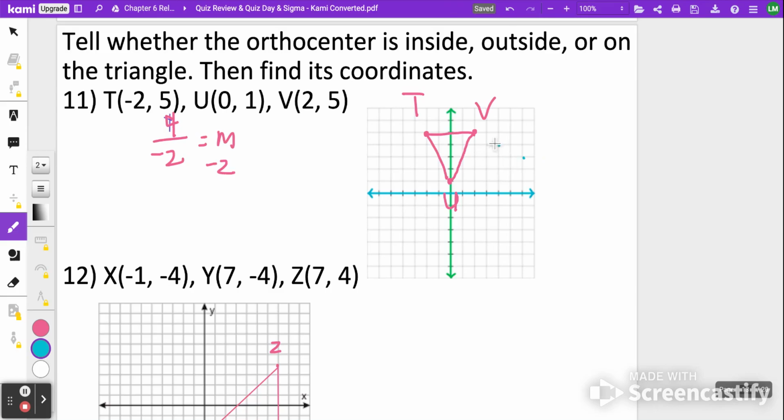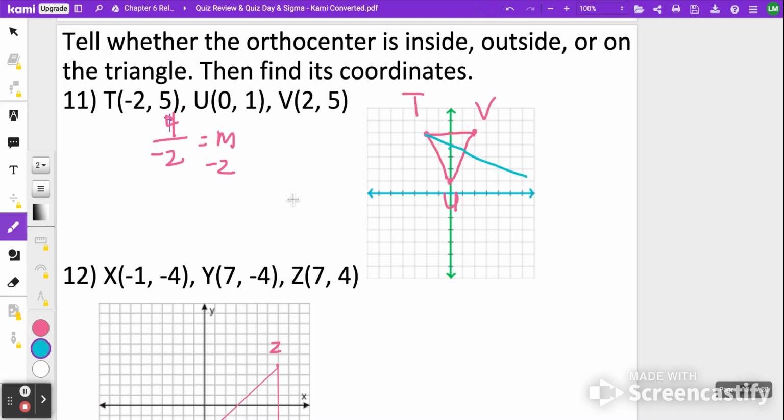So I'm going to have to go back on the other side. Start at T, go over 2, down 1, over 2, down 1, over 2, down 1. So I've got this little line forming here.